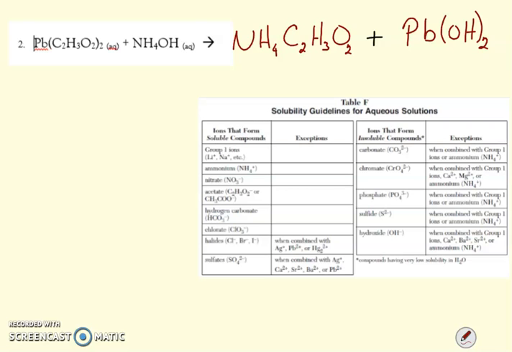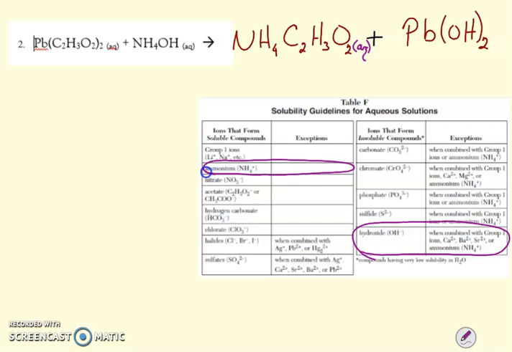We now need to look on Table F. Table F says, are we going to have soluble things? Is this going to be soluble? Well, I know right here because of ammonium, anything with ammonium is going to be soluble, so I'm going to write that one as aqueous. The hydroxides, however, are insoluble. Over here it says hydroxides are insoluble unless they're with group 1s or ammonium, which the first case it was, but now it's with lead.